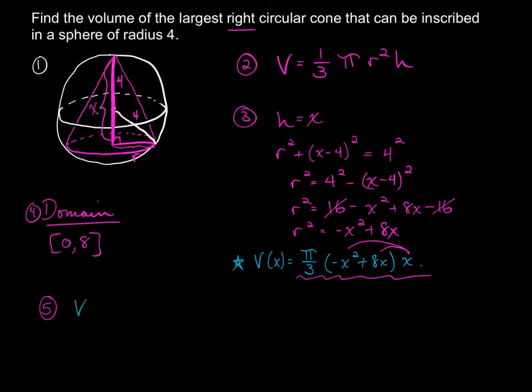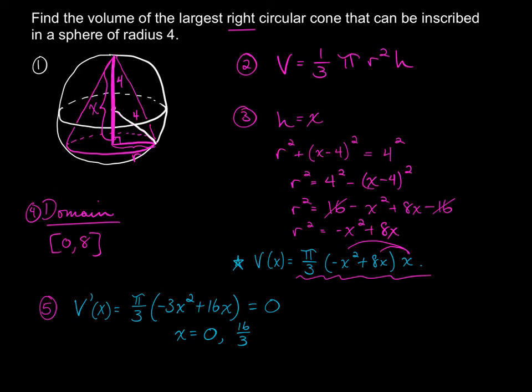So I'm going to have V prime of x equals pi over 3, and this ends up becoming in here, in a set of parentheses, negative 3x squared plus 16x. And if you set this equal to 0 and solve for x, you'll see that x ends up equaling 0, or x will also equal 16 over 3.